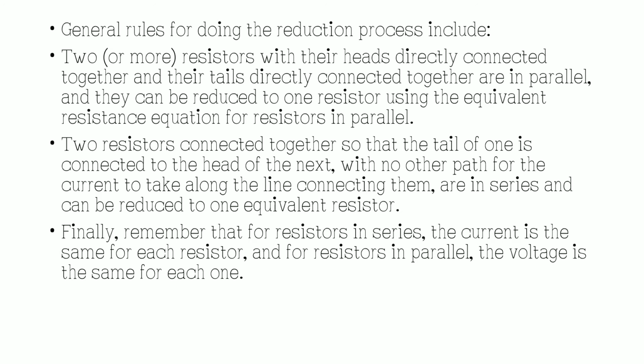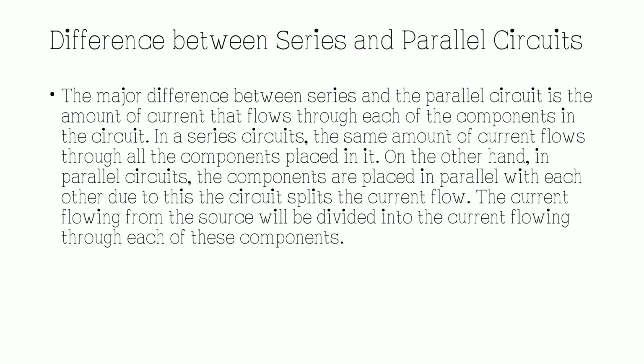Two resistors connected so that the tail of one is connected to the head of the next are in series, and the equivalent resistance can also be calculated using the series formula. Finally, remember that for resistors in series, the current is the same for each resistor, and for resistors in parallel, the voltage is the same for each one. So now we will see the difference between the series and parallel circuits.